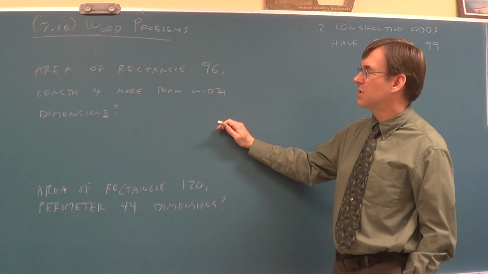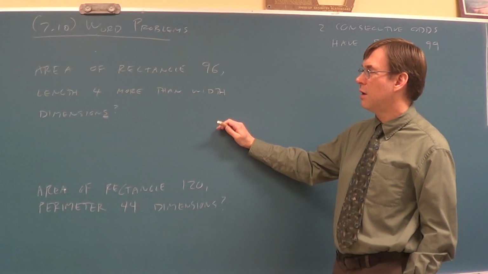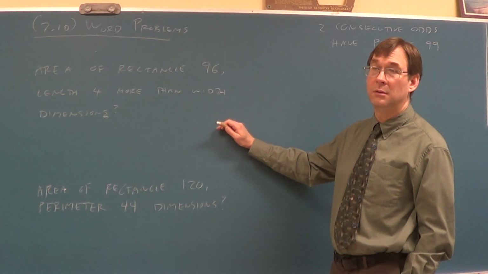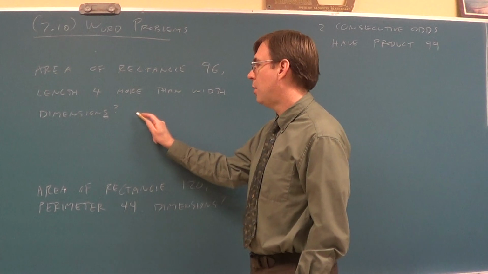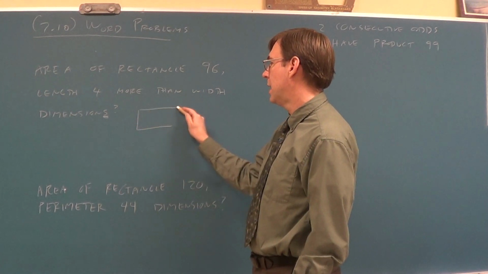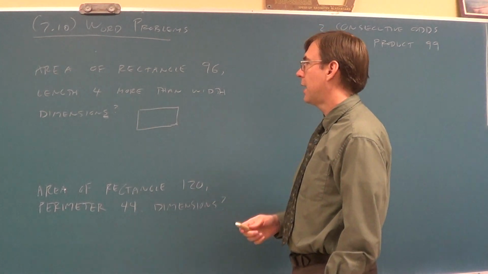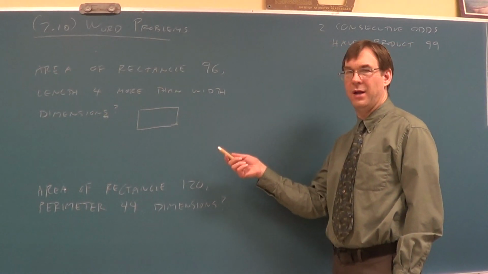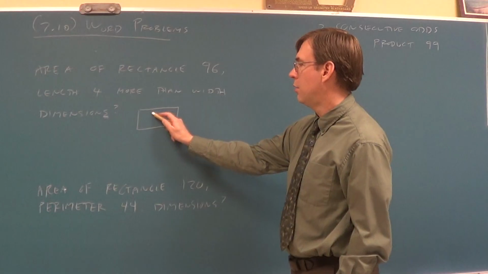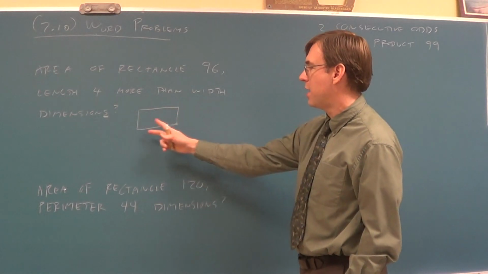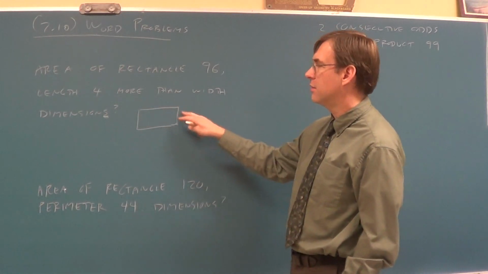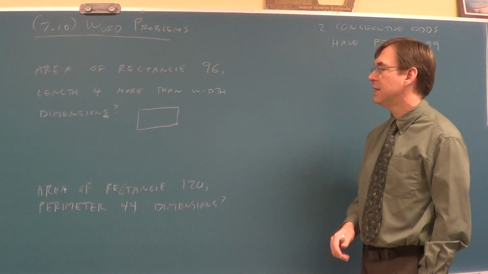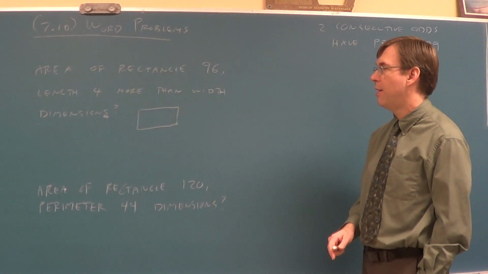Anybody have a suggestion of something that might be a good idea if we're talking about rectangles? Draw a rectangle, I think, would help us feel a little bit more settled and organized. So here comes my rectangle. Where's area on shapes? Is that the around it or the in it? That's the in it. So there's like 96 squares or 96 tiles to cover this rectangle, but 96 is the inside sort of number.